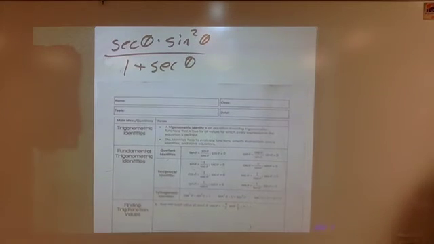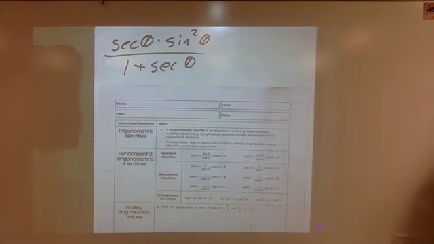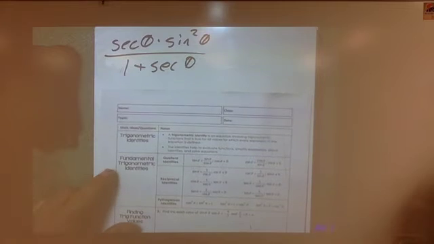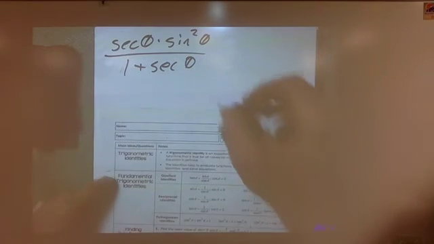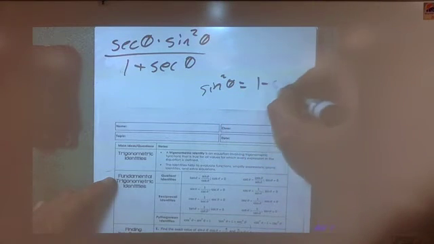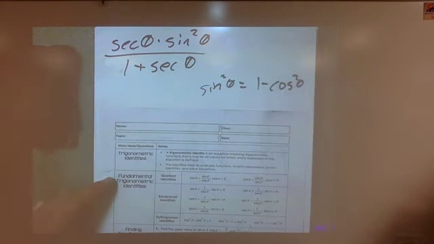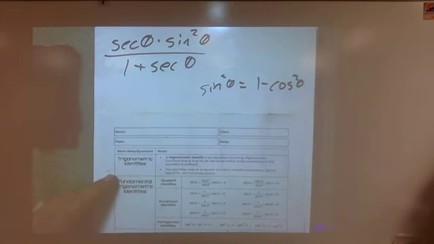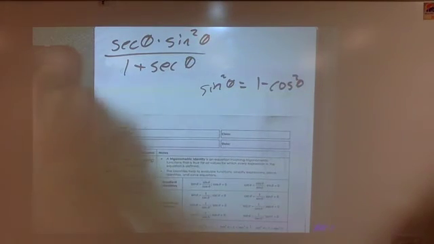Yeah, I'm not really sure on this one. I mean, we could try and substitute out the sine squared theta. Sine squared theta is equal to 1 minus cosine squared theta, which I don't really see how that's going to help, but let's just try that, I guess.